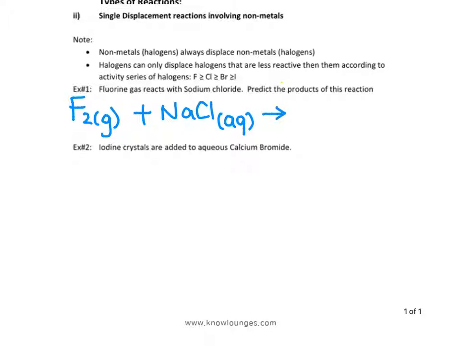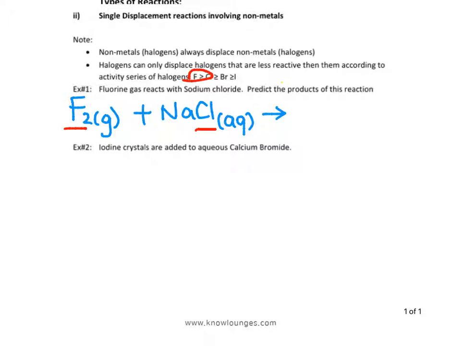Okay, so if I predict the products, again, I'm going to go through my reactivity series. This time I'm comparing fluorine with chlorine. Remember, you have to compare metal to metal and nonmetal to nonmetal. On my reactivity series, here's my fluorine and chlorine.